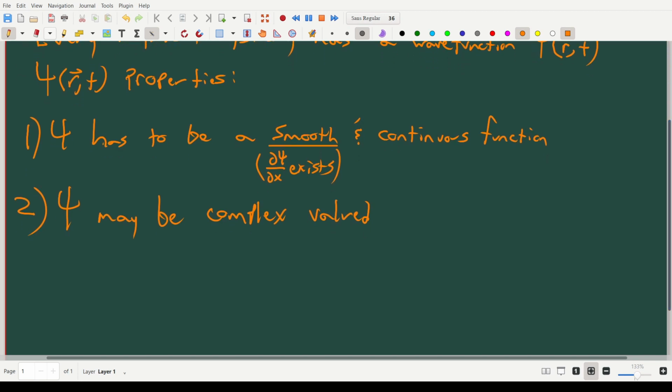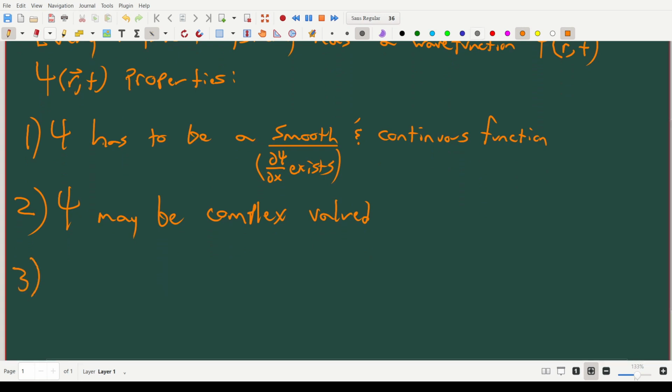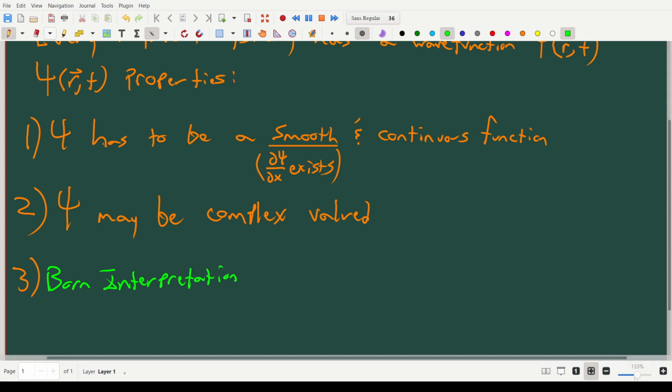And the most important property of the wave function is the Born interpretation. This is the foundational property of the wave function, the thing that we actually care about as someone who measures a system, how we measure an electron, how we look at things.